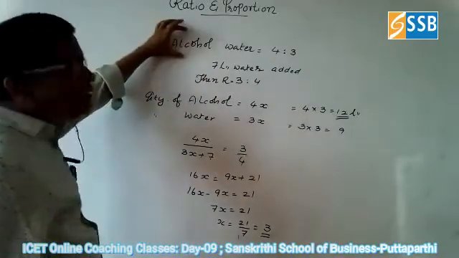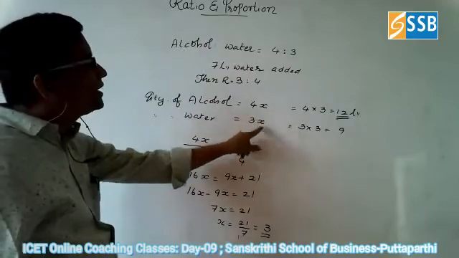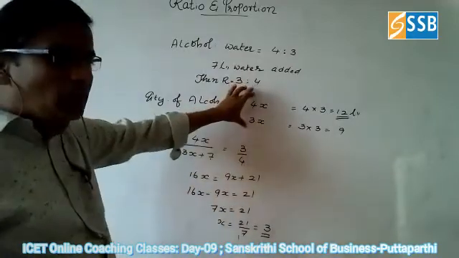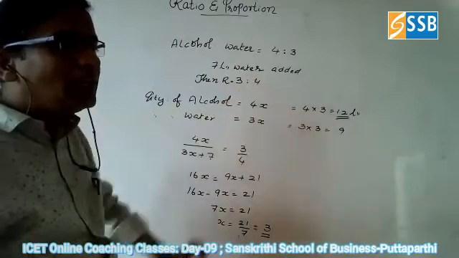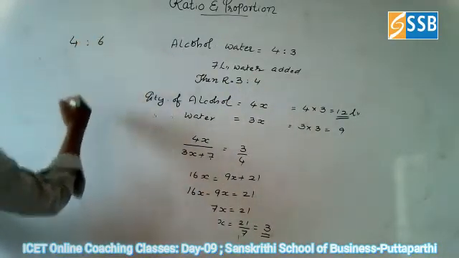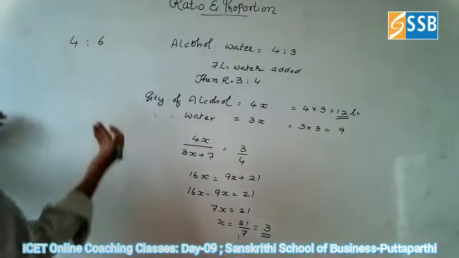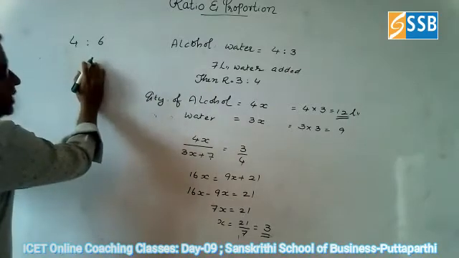Here, if any ratio is given, you should multiply with the constant number x. If anybody has a doubt why we should multiply with x, see here. Suppose I write 4:6, then it should be in the simplest form.